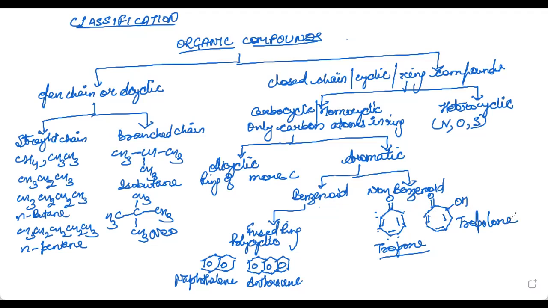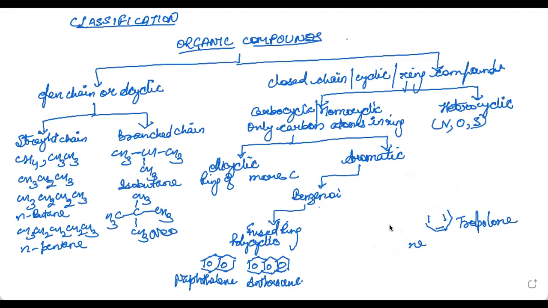So next we need to write the examples of the heterocyclic compounds. Heterocyclic compounds are the compounds in which the ring is there, but not all the members of the ring are carbon, but there can be other atoms also. The other atoms can be either nitrogen, oxygen, or sulfur.